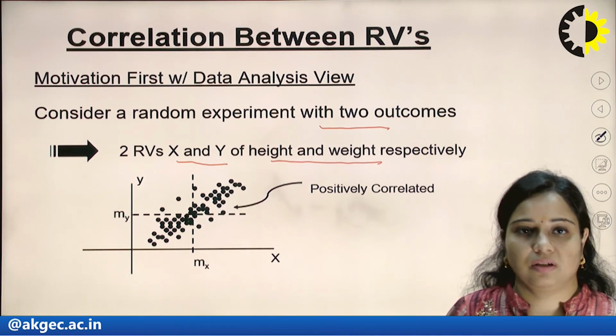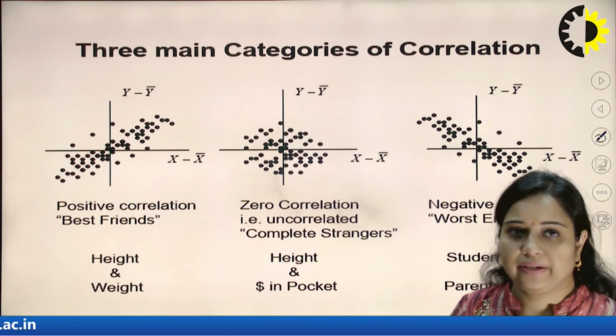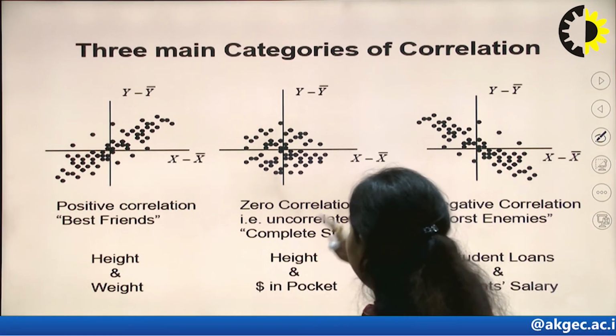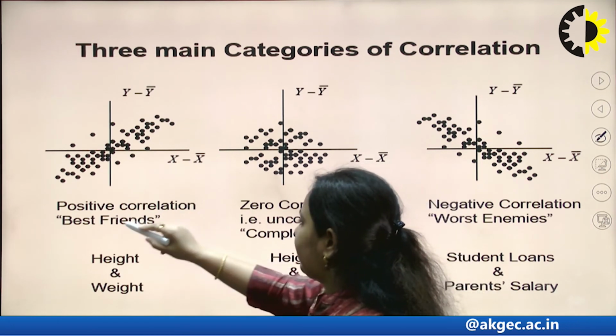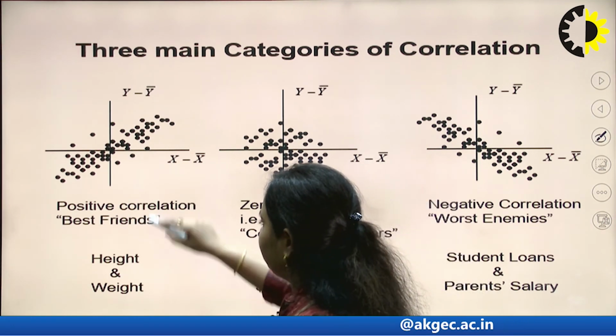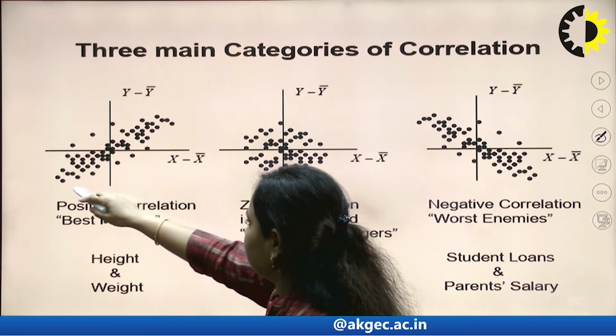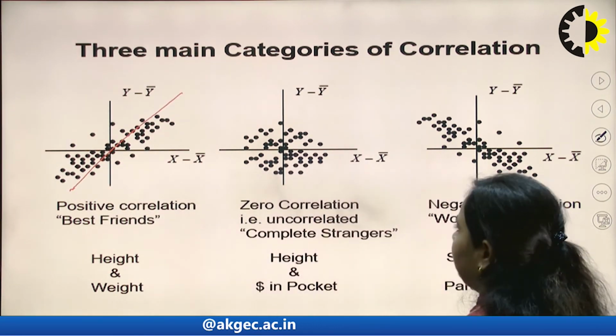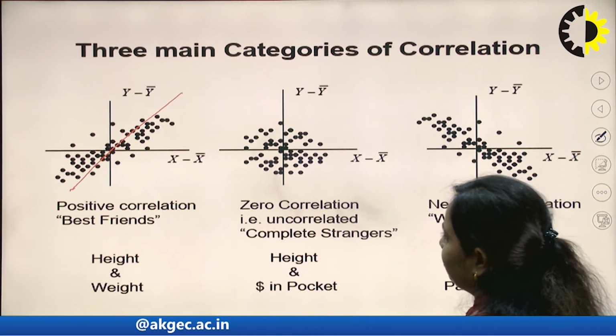If they are negatively correlated, this picture shows the difference between the correlations. This is the positive correlation, an increasing graph where the points are closely packed with each other.